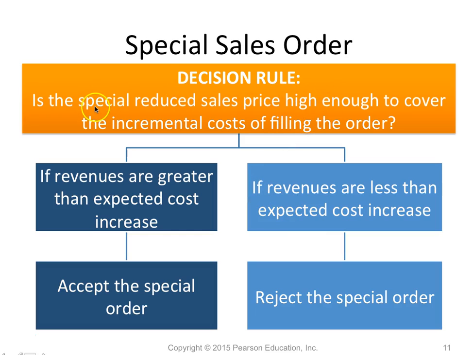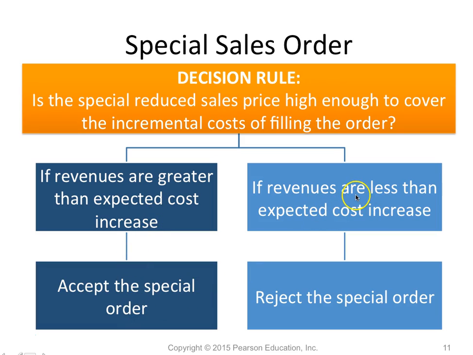So we just plug that in here. The decision rule is: is the special reduced sales price high enough to cover the incremental cost of filling the order? So if a special order comes in, we're going to see what cost we're going to have here, and are we going to make enough profit? If the revenues are greater than the expected cost increase, we accept the special order.